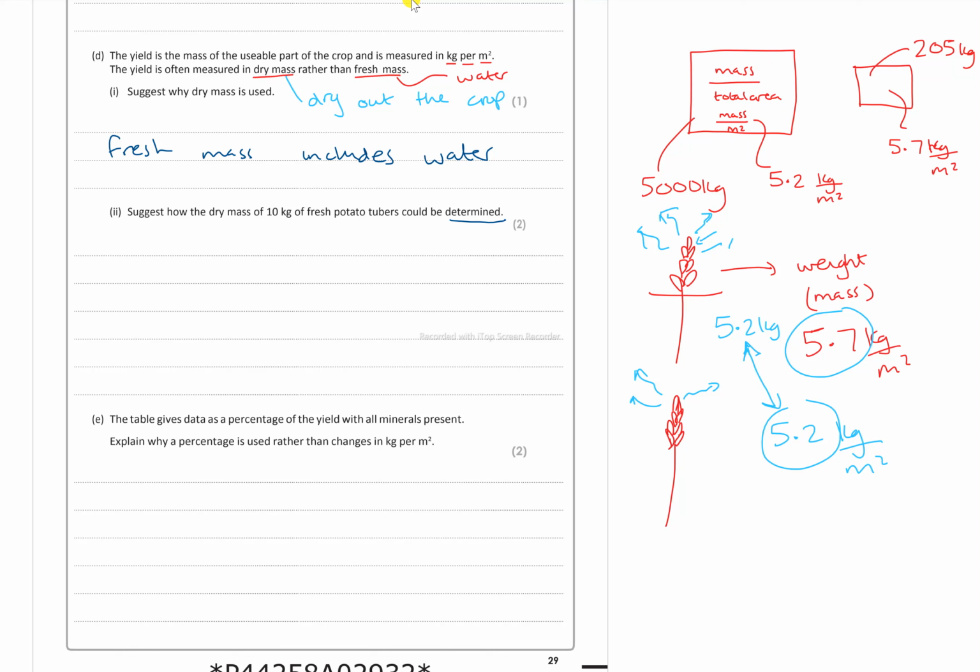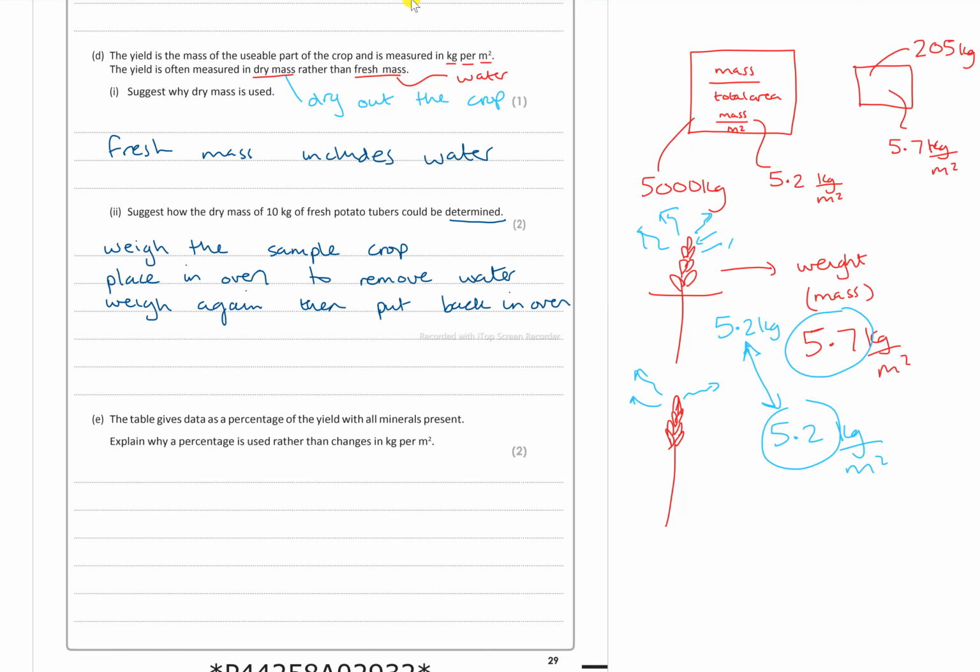Okay, so what you do is you weigh the sample of crop, place in oven to remove water, weigh again, then put back in oven, weigh again, until you reach constant mass, until the mass remains constant, or the same.